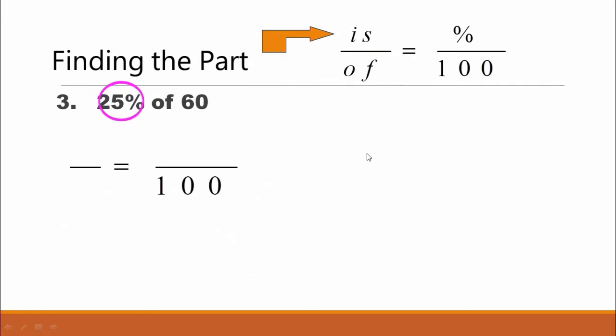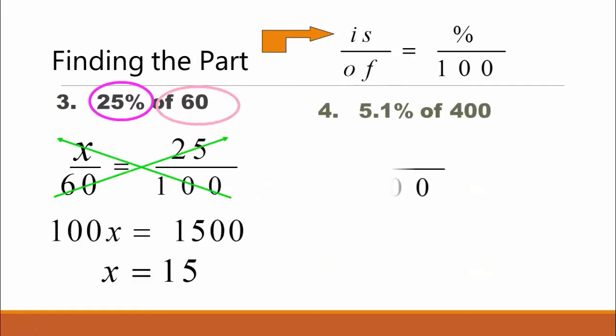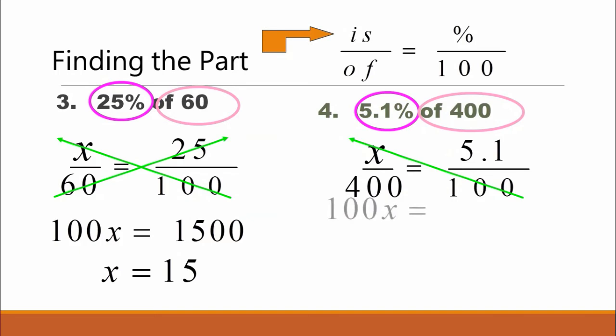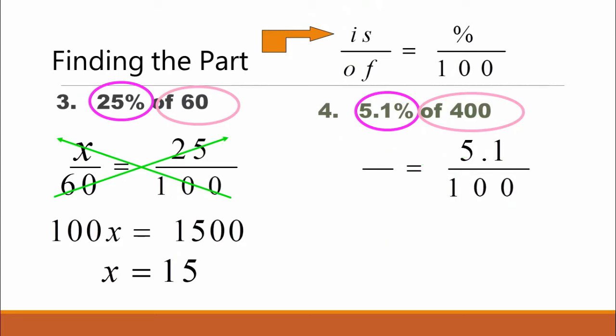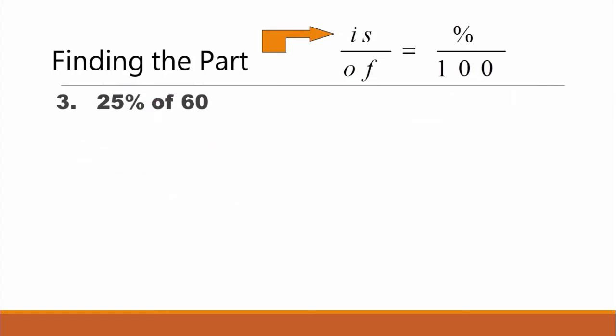Now, example number 3: there are some examples to calculate is, of, part, or percent. We have three things in the percentage formula: percent, is, and of. How to find the part, how to find the percent, and how to find the total.